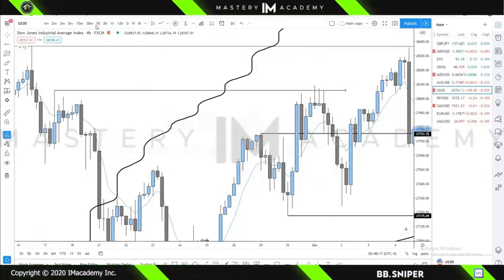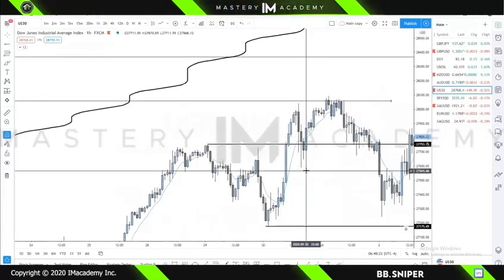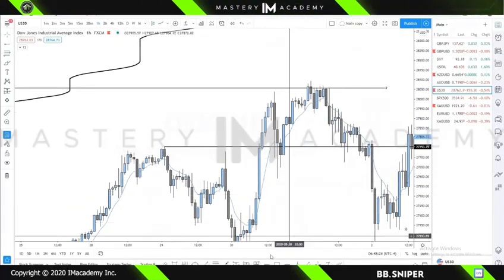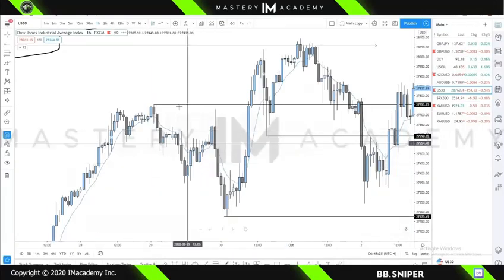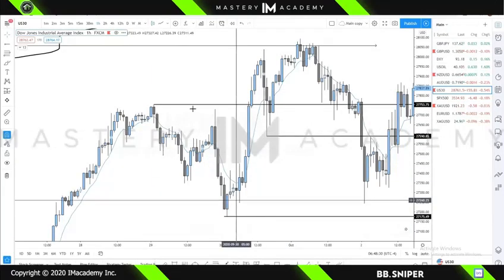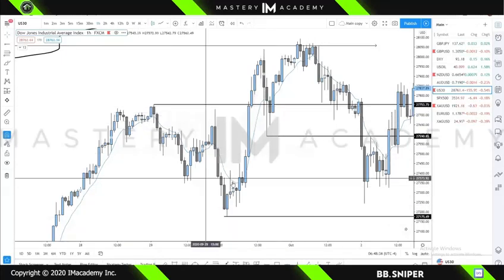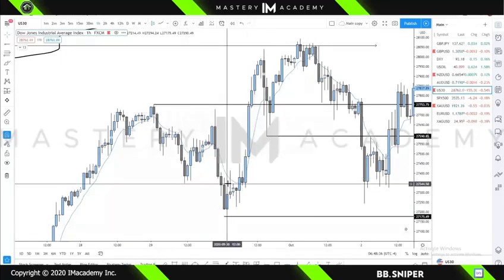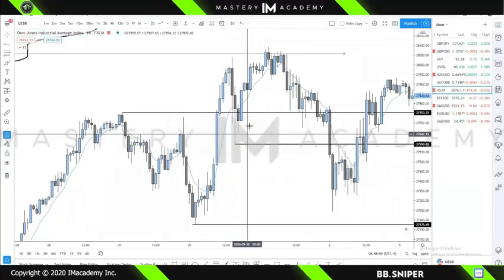If we go on the 1 hour and we mark that 1 hour higher low point that we saw on the wick, we can see that it's inside of the range of that 4-hour range that we just marked. So we have a lower time frame higher low inside of a higher time frame previous range. So this is now internal liquidity.